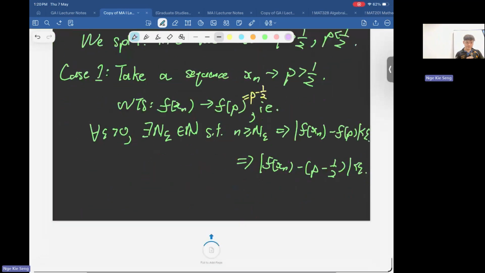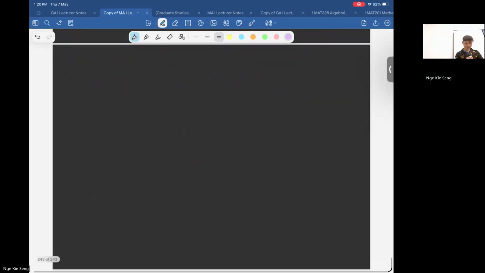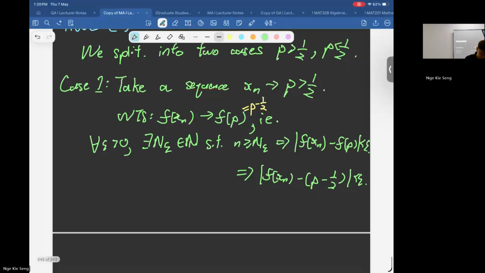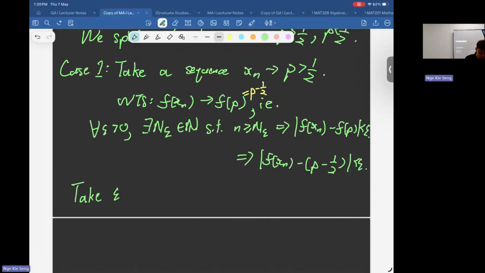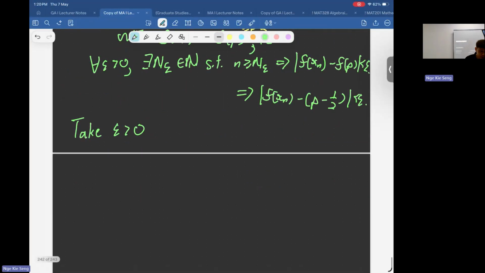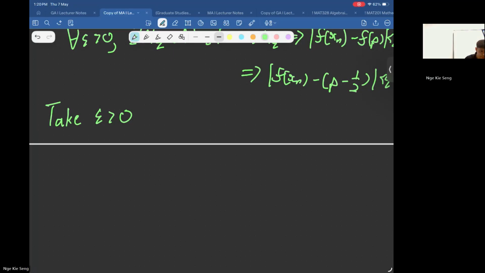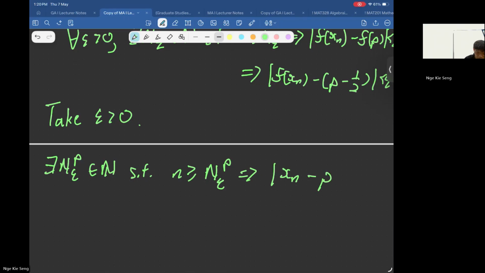So in this case, take epsilon greater than 0. Actually, I need to pick one epsilon first. Let's call this N_p such that the sequence x_n will converge.